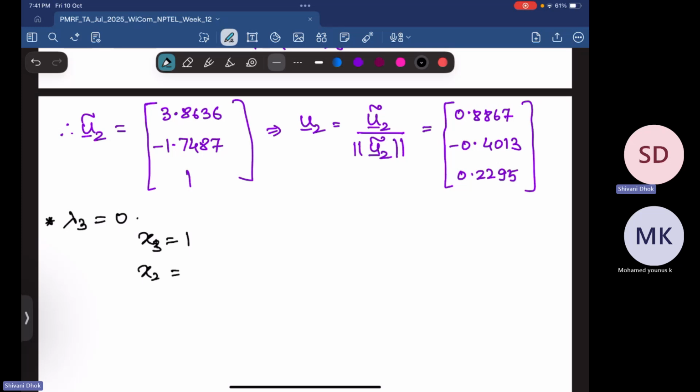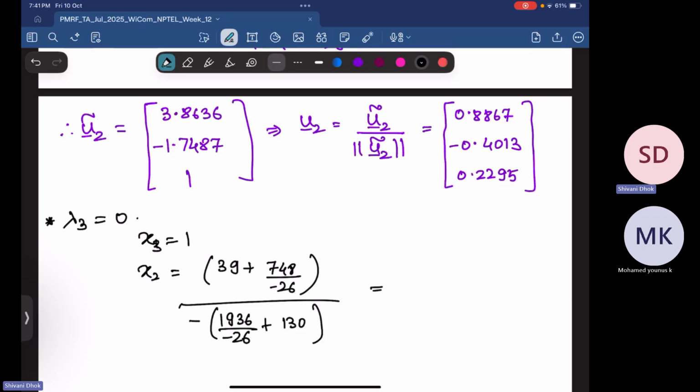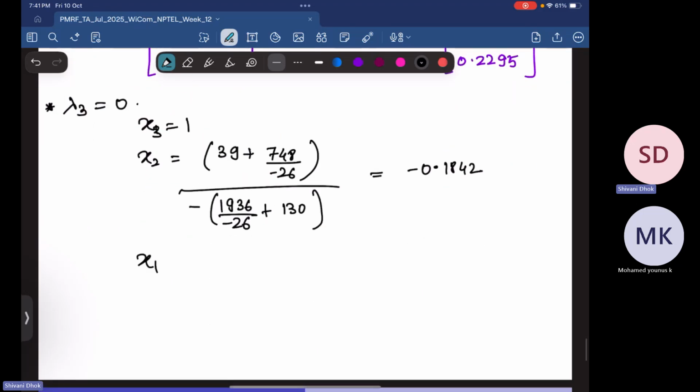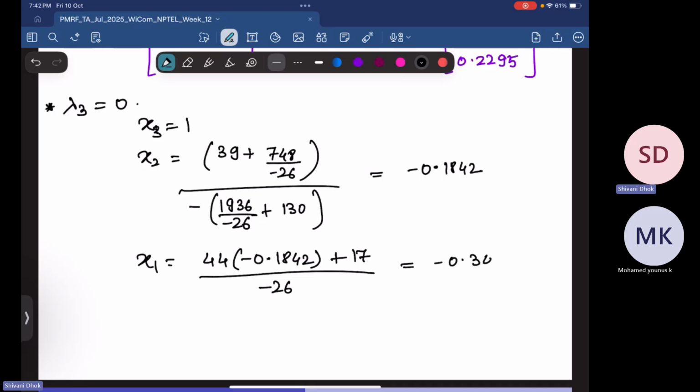So x2 comes out to be equal to 39 plus 748 upon lambda, which is 0, so minus 26, upon, minus 1936 upon minus 26 plus 130, and this comes out to be equal to minus 0.1842. The next one is 44 into x2, that is minus 0.1842, plus 17 into x3 divided by lambda, that is 0, minus 26. This comes out to be equal to minus 0.3421.